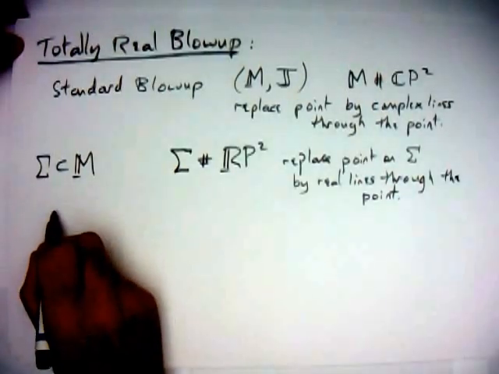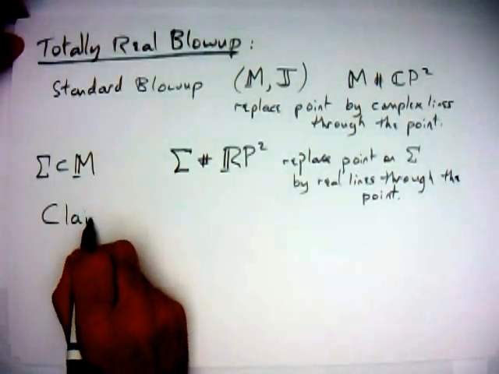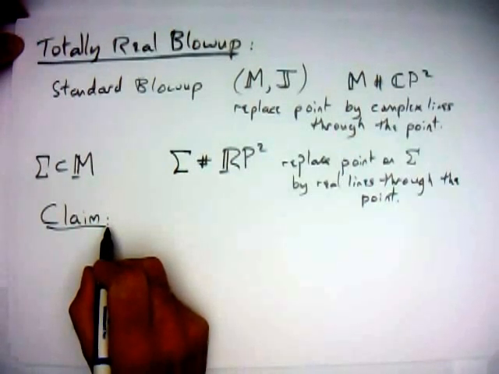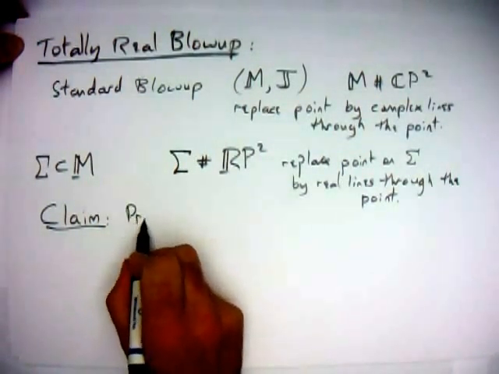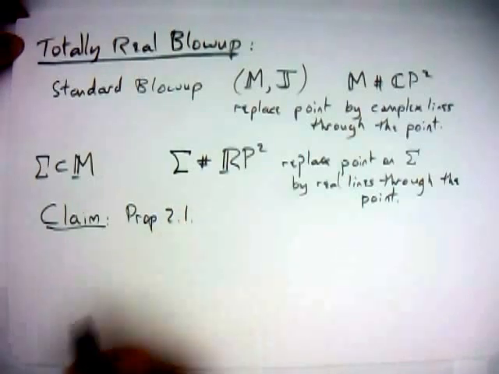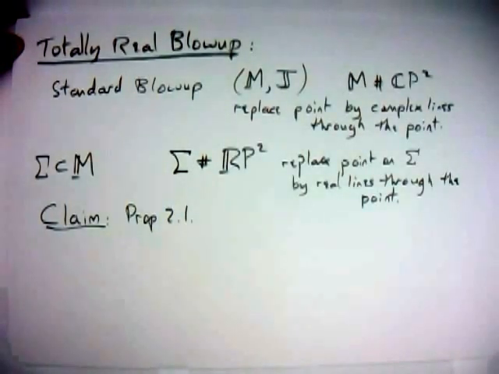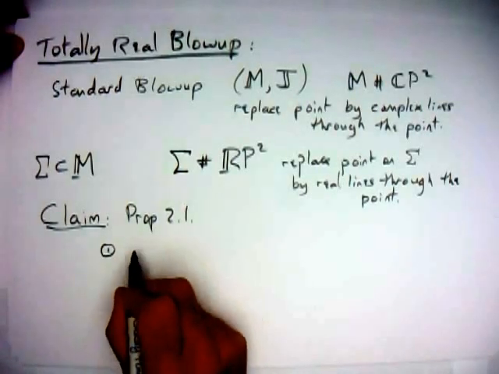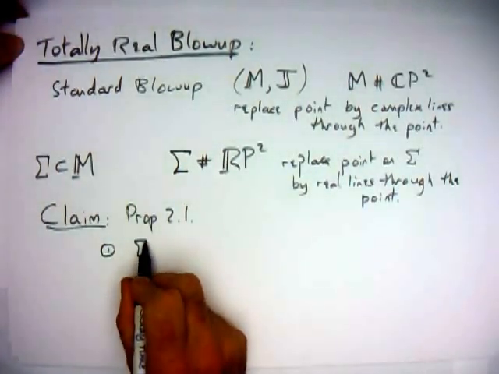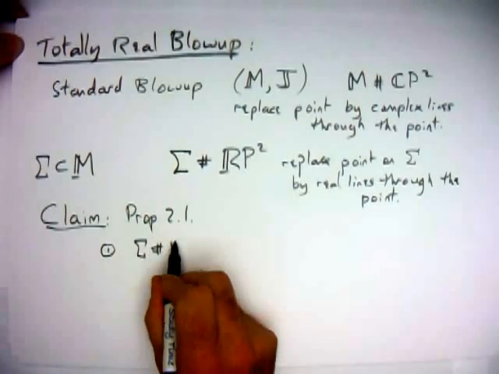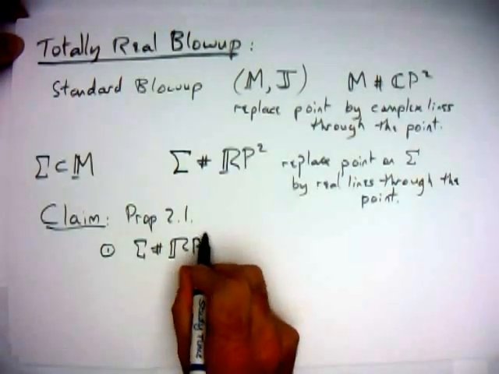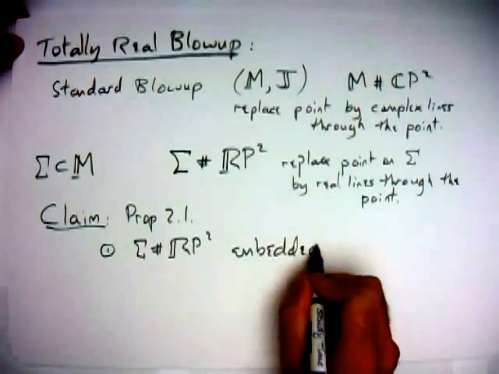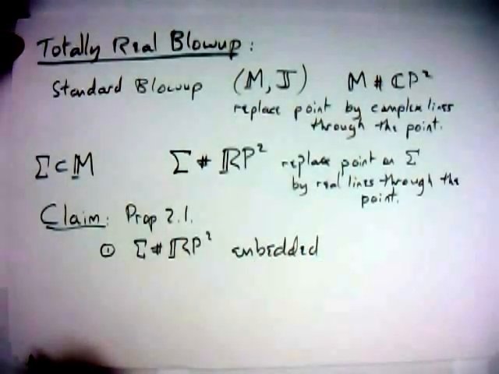Now, the claim that we have, and this is in Proposition 2.1, this is all section 2 of the paper, is that when you do that, you can do it in such a way that if it starts out being embedded, it remains embedded, so you don't introduce any self-intersections in doing it.